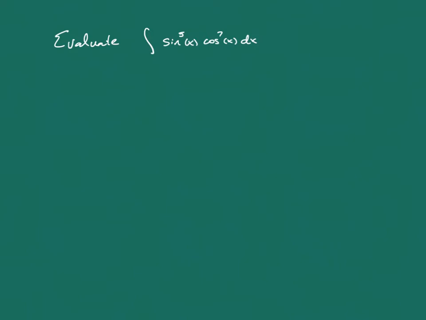The first thing we could say is, all right, we've got an odd power of sine. So since we've got an odd power of sine, we could rewrite this to take out one power of sine. So we've got our sine to the fourth, and then our cosine to the seventh, and then our extra power of sine that we took out, dx.